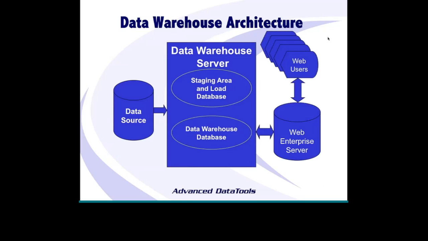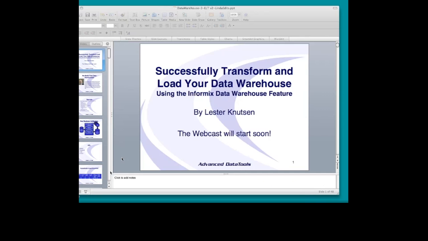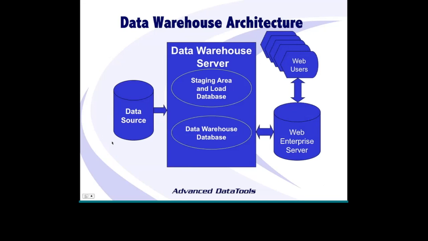Typically, this is the way the data warehouse architecture looks. You have your source data coming into your data warehouse server. Within your data warehouse server, you'll have a staging and load database, and you'll also have your data warehouse database. And it's really important to have those two as separate databases and separate environments, even though most of the time I have them on the same server.